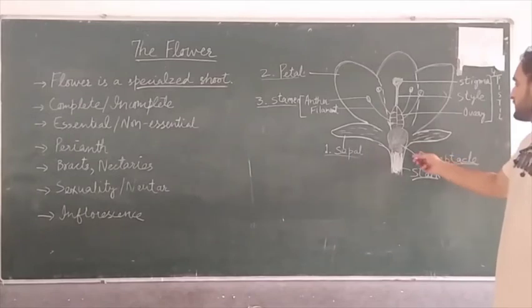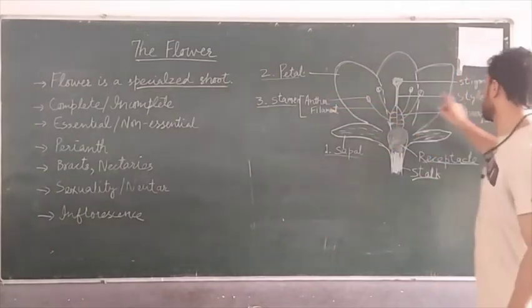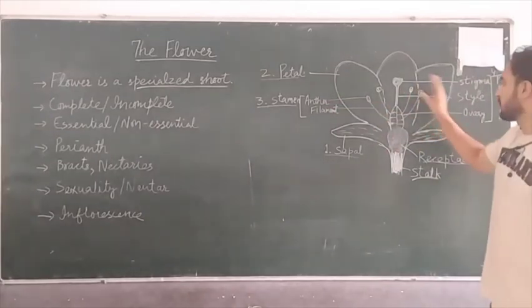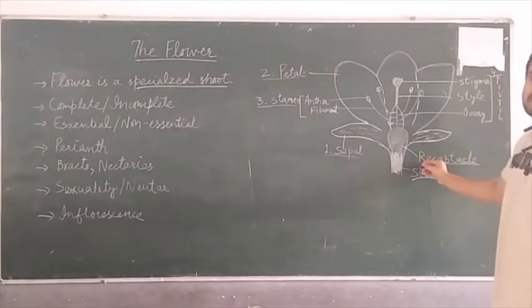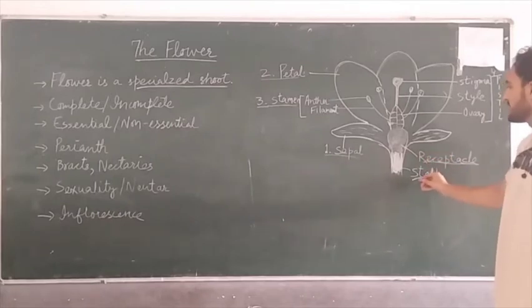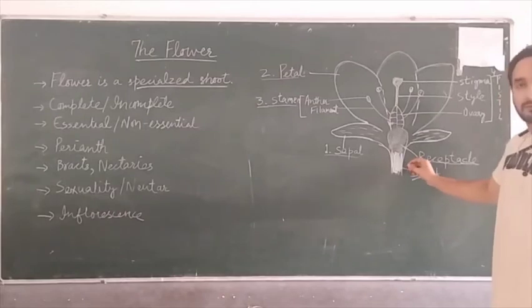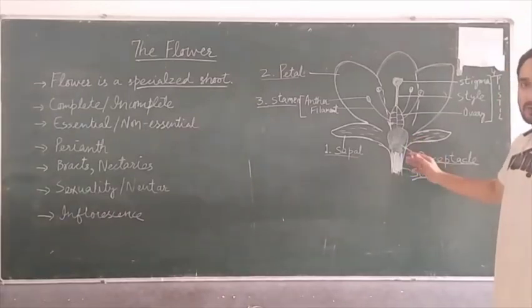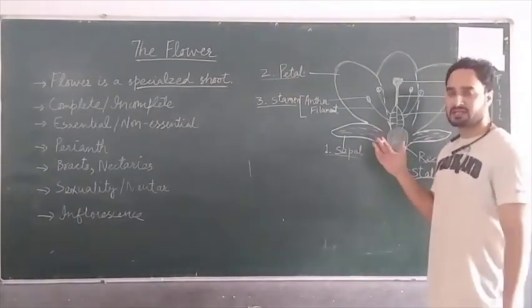These four floral whorls, sepals, petals, stamens, and pistil, are attached to the receptacle. What is receptacle? Receptacle is the swollen part of the stalk. And what is stalk? Stalk is the base of a flower through which the flower arises from the stem or the axil of a leaf. Understand?